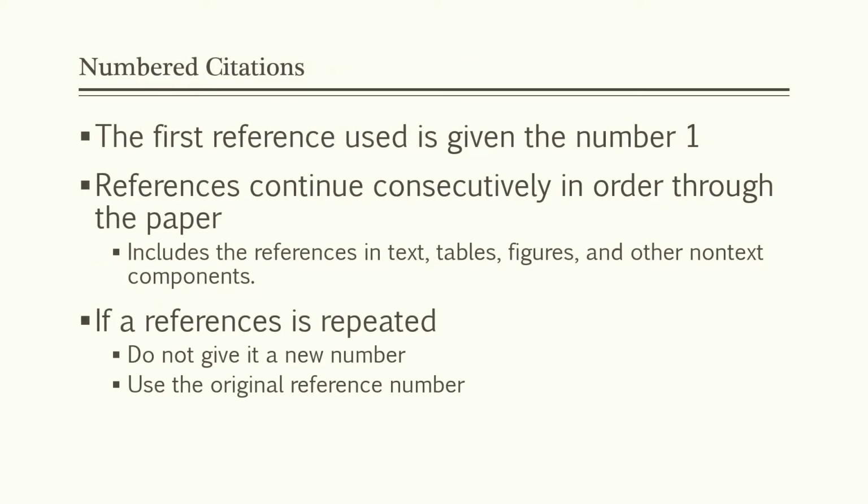In numbered citations, the first reference used in the paper is given a number 1, and it continues in consecutive order throughout the paper. If this is the style that's requested by the organization, if you're submitting to an ACS journal or some other journal, they'll have similar guidelines for you.